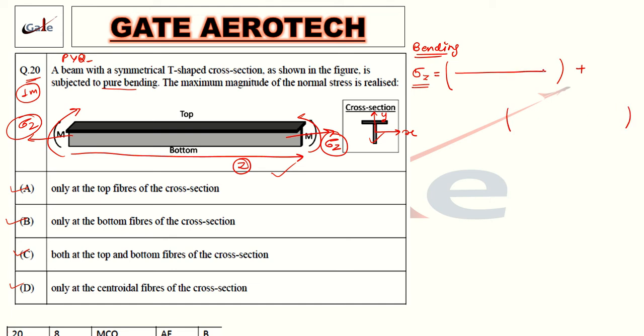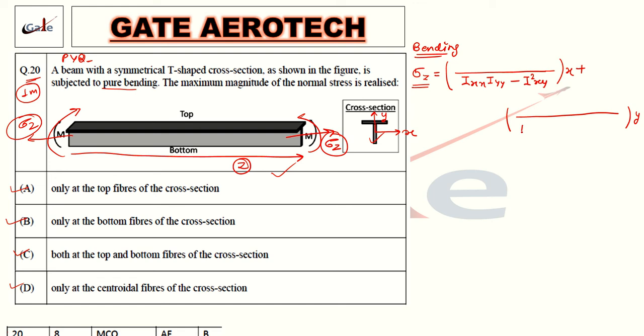There is a way to write this formula so you can remember it, otherwise it's a lengthy formula and difficult to remember all the time. First you write x here, and you write y here. Then you write Ix Iy minus Ixy squared.